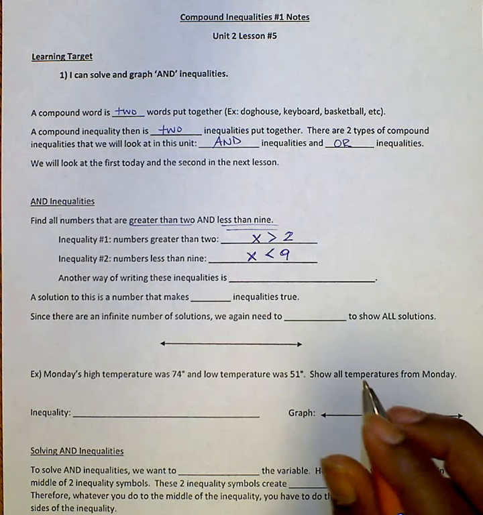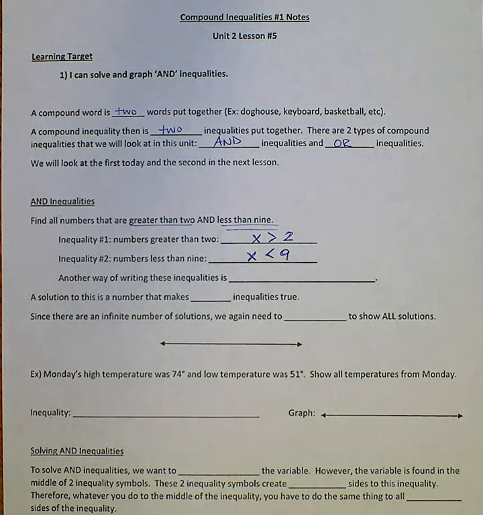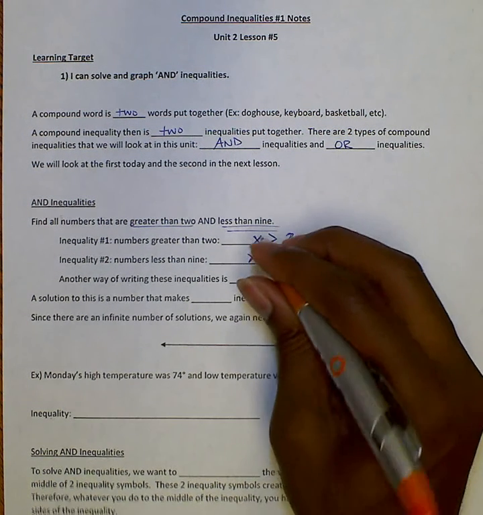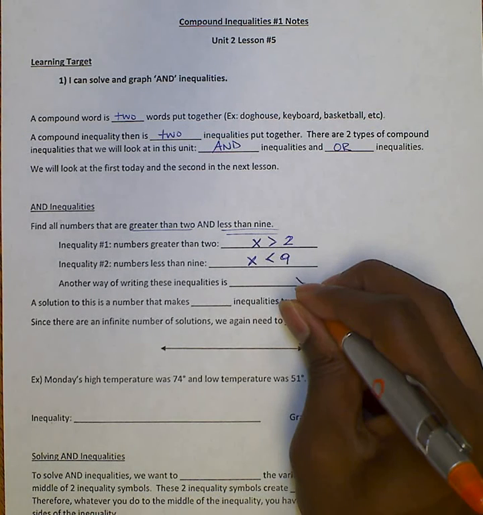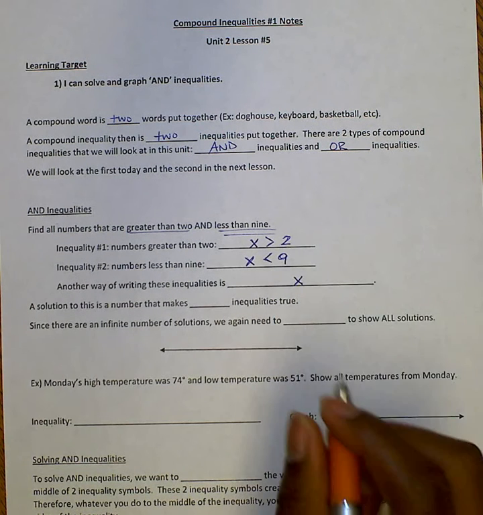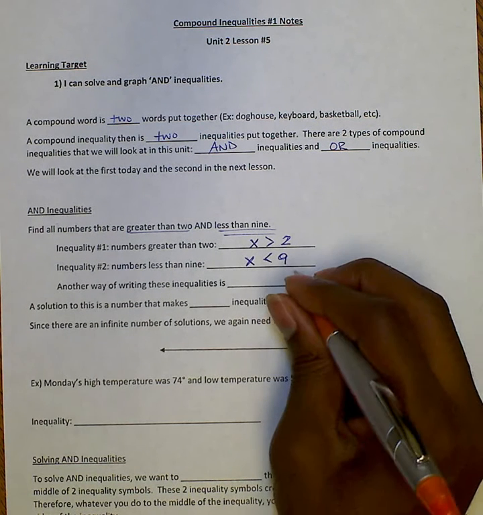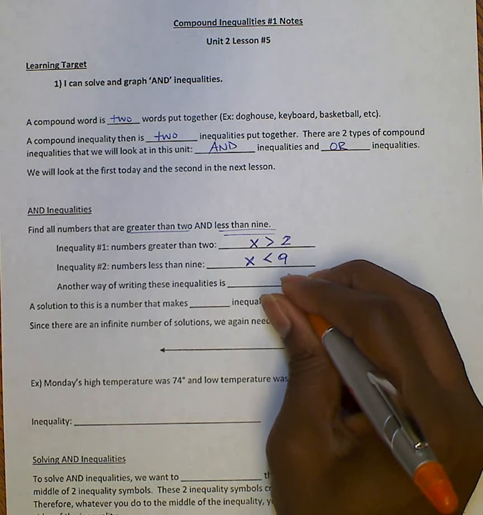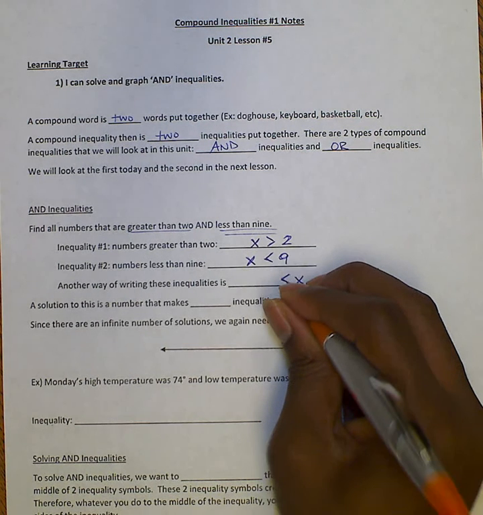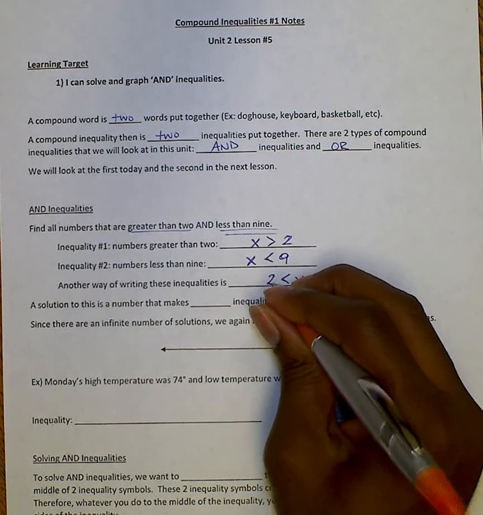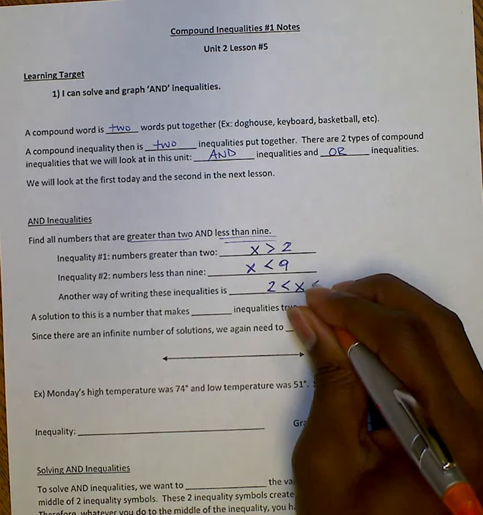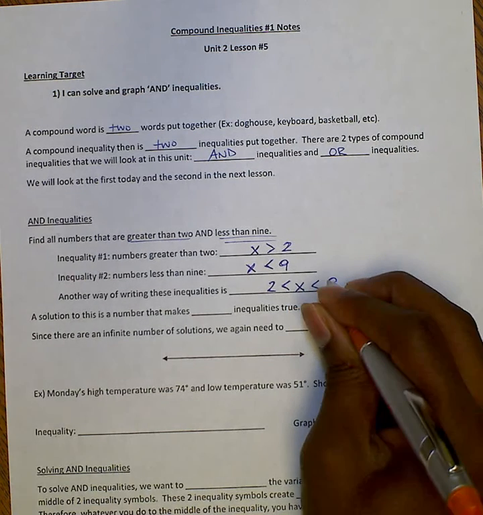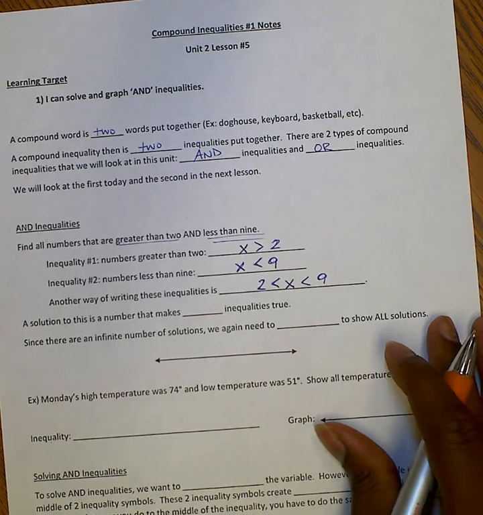Another way of writing this is, since x is the subject of both these inequalities, I'm going to put x in the middle. I'm going to say that x is greater than 2, see, I kind of had to do that backwards though, and x is less than 9.